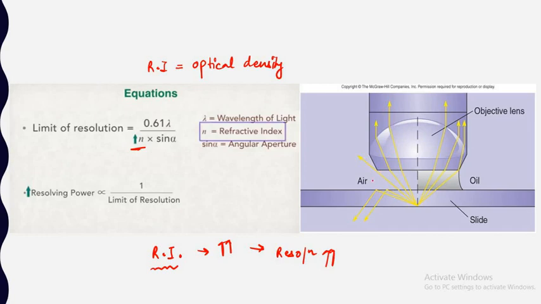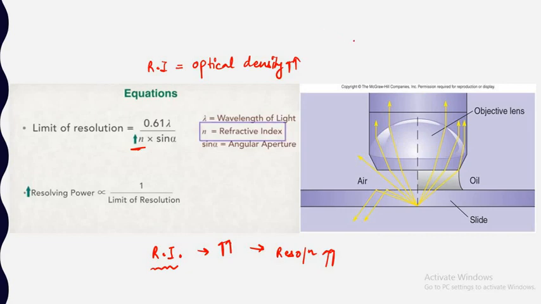When you have kept a specimen on your stage, you have dropped oil on that specimen. One droplet of oil is placed. This droplet of oil will increase the optical density of your specimen. And if you see, you have increased the density, the rays are bent, and they all are gathered and going right upwards.